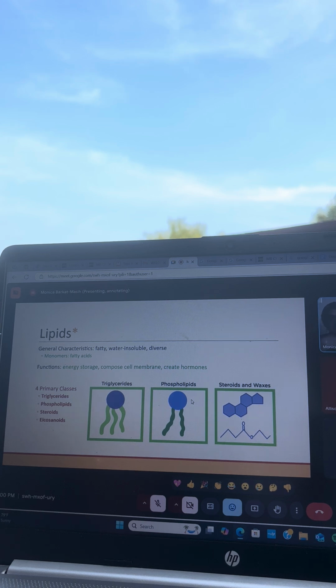It's all listed here actually. Energy storage, compose cell membrane, and create hormones. Yes, good. Okay, and you might want to know the classes of lipids. So triglycerides, phospholipids, steroids, and eicosanoids. These are the 4 classes of lipids.